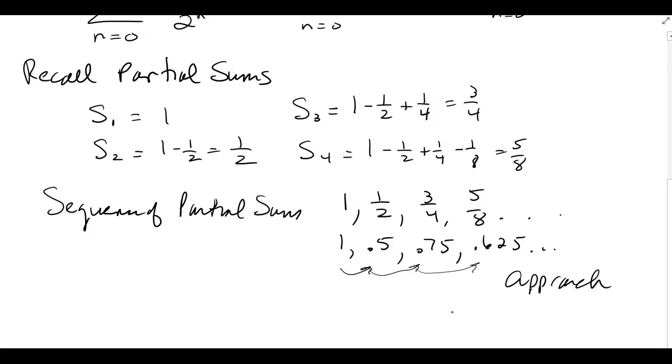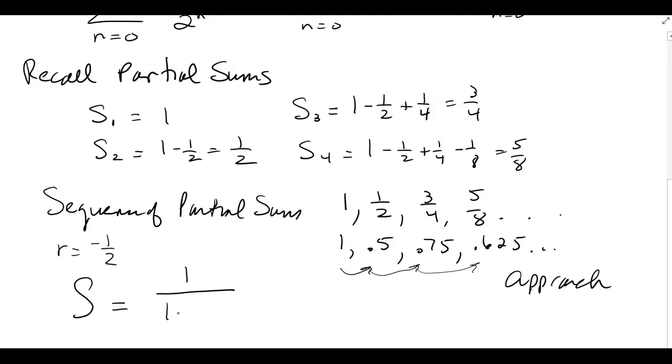a limit that represents the sum. Remember, this is geometric. We can find the actual sum. We don't need to worry about partial sums because we can find the full sum. And the full sum of a geometric series is just 1 over 1 minus r. Okay, don't forget r equals negative 1 half.